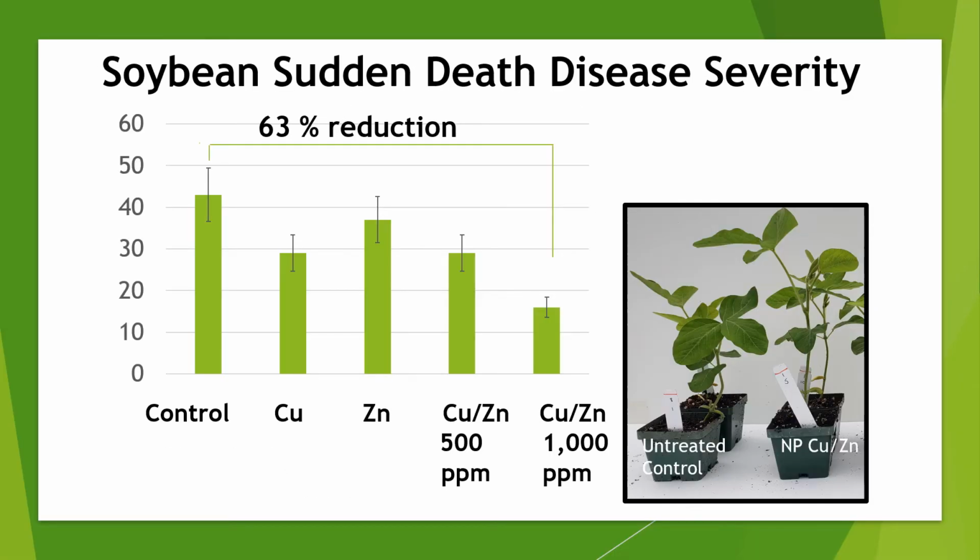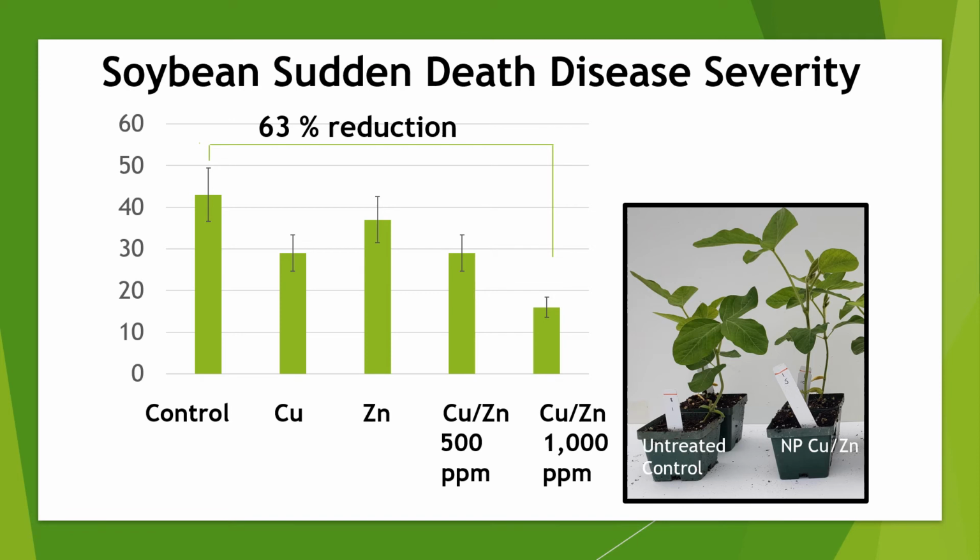Now, when we measure soybean sudden death disease severity in the greenhouse, we generally look at the amount of root rot on the roots. So in this graph we see here, the larger the bar, the more disease. So in the control plants, those that received no nanoparticles, we had about 43% disease in those plants.